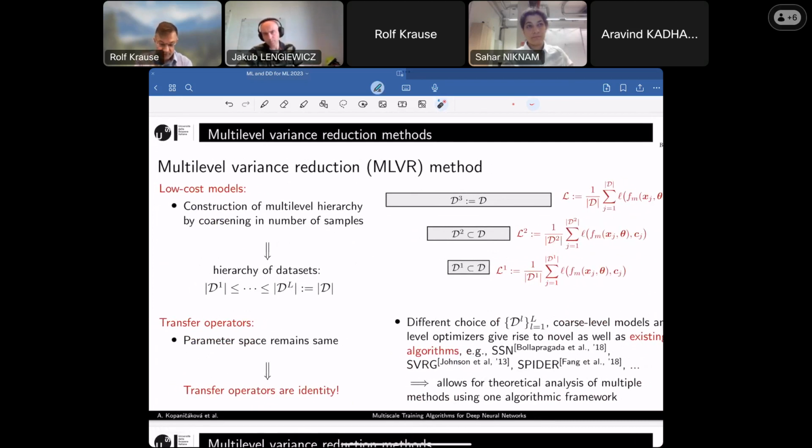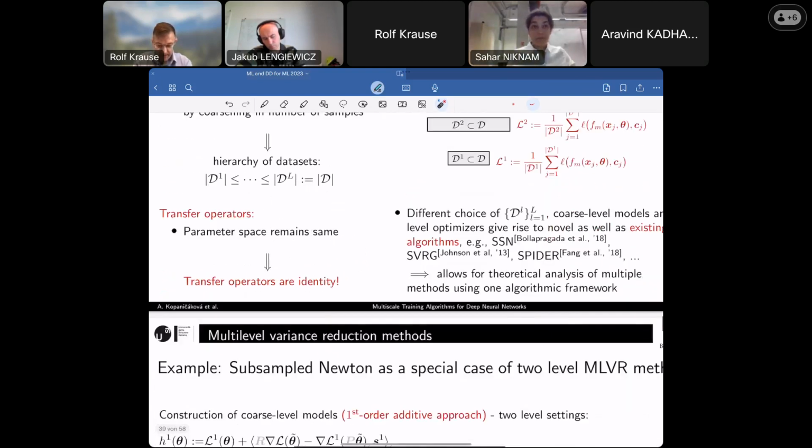You just create a hierarchy of data sets by coarsening, and then you create your coarse level models with the corresponding loss simply by looking at coarser data sets. But the parameters of your weights, at least in space, for this particular example, remain the same.